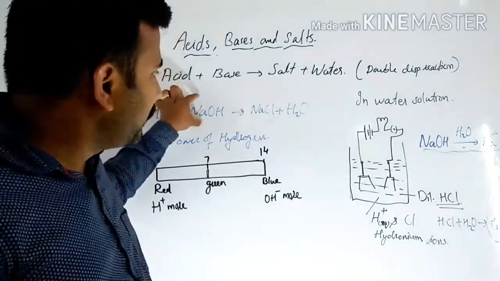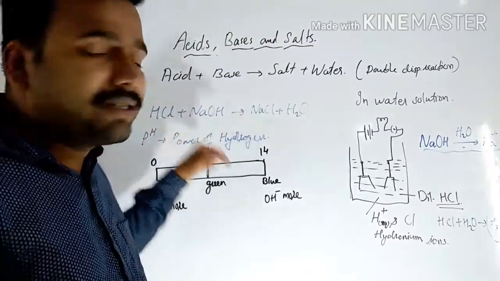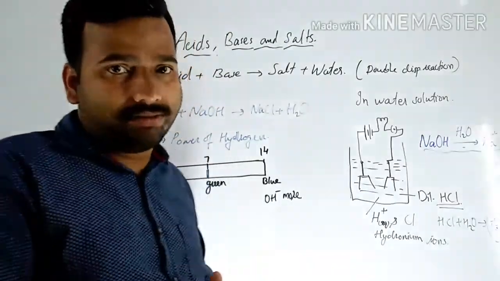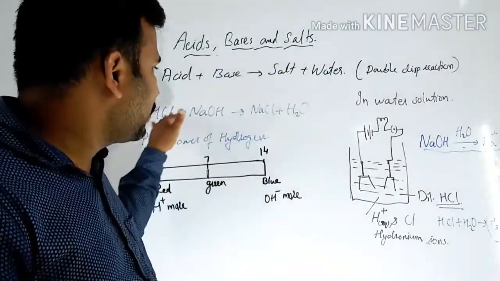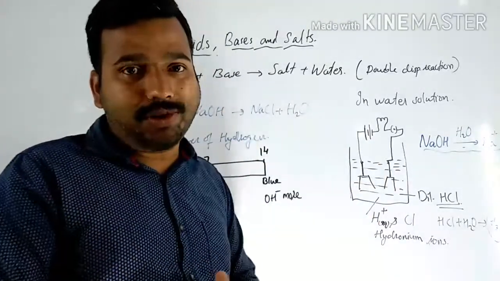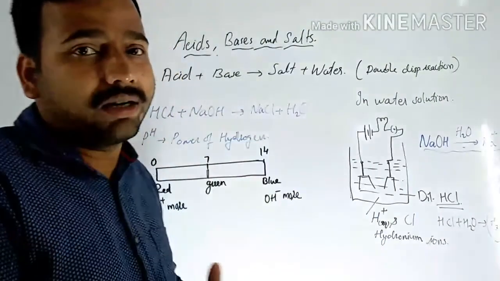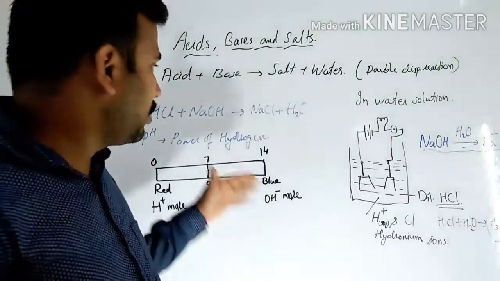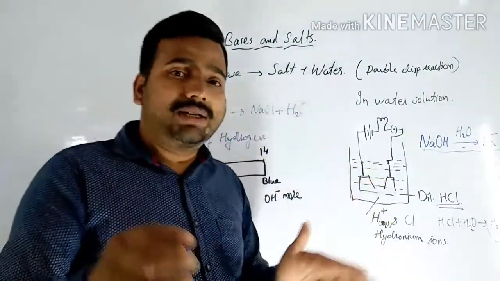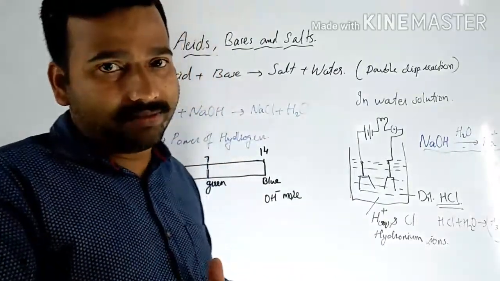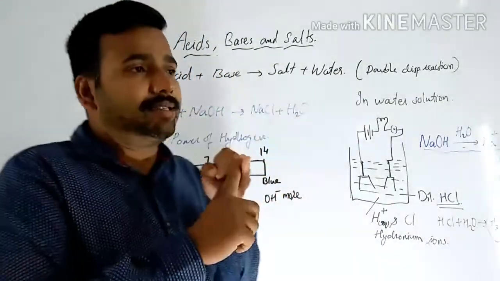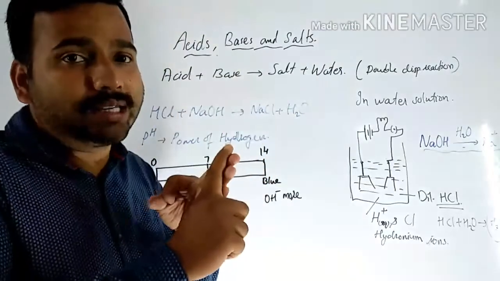So when you take sodium hydroxide and carbonic acid, sodium carbonate will be formed. Sodium carbonate, which we will study about, is also known as washing soda. Washing soda is actually a basic salt. So in this way, we have acidic salt, basic salt and neutral salt.